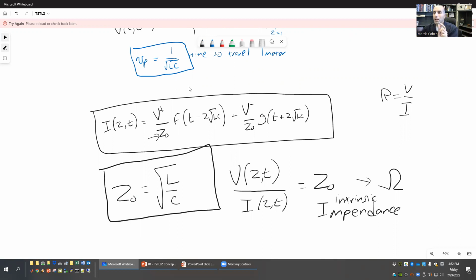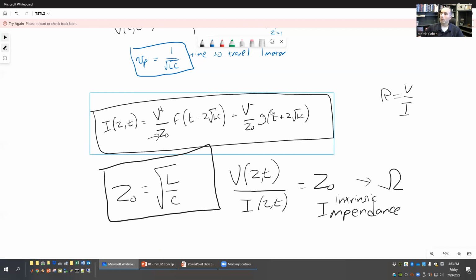A giant voltage and a small current, well, that's like a high resistance. So it makes sense that a high inductance is going to give us a higher impedance. It's the opposite for a capacitor. If we have a really big capacitor, that means it takes a huge amount of current just to get a little bit of voltage. And so that's equivalent to a very low resistance, or in this case, a low impedance. So this kind of makes sense as far as a transmission line.